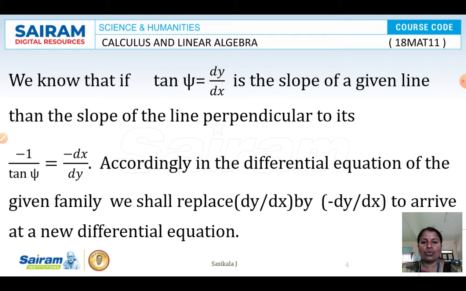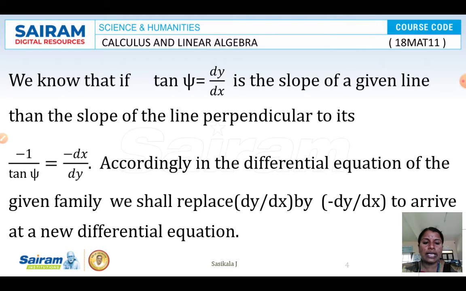Now we need to replace dy by dx. We know that tan psi is equal to dy by dx, as per the first model we learned, the slope of the tangent. If that is the slope of a given line, then the slope of the perpendicular line is minus 1 by dy by dx, that is, minus 1 by tan psi, which equals minus dx by dy.